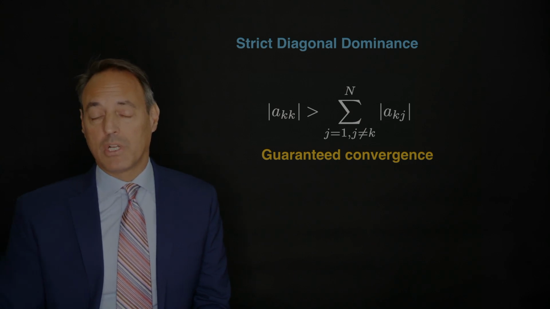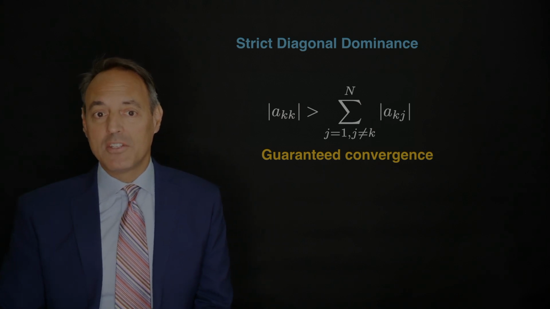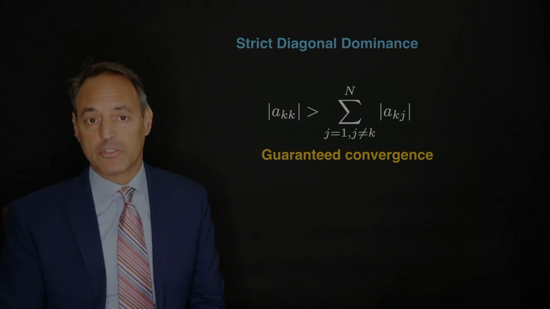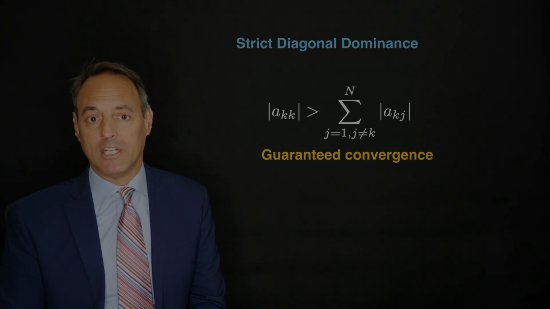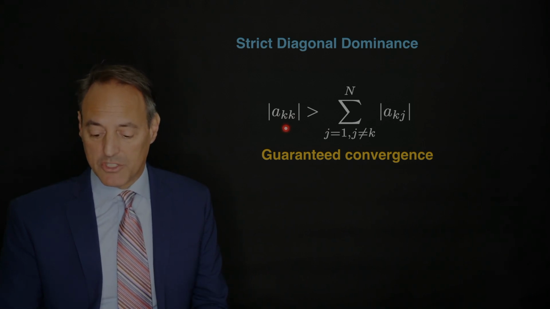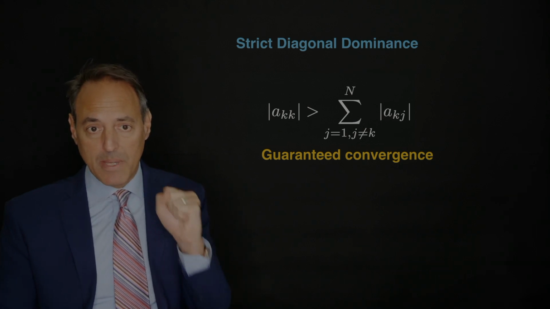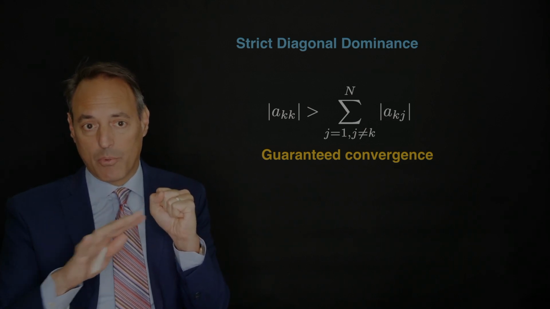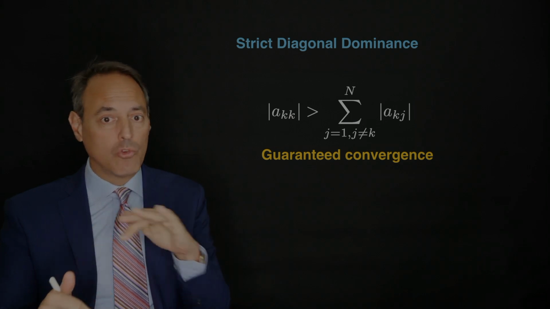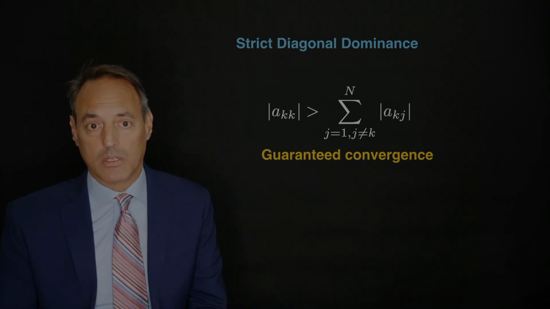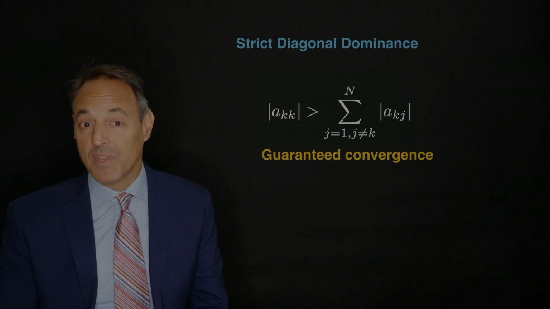And in fact, if it's strictly diagonal dominant, you're guaranteed that this will converge to the solution of Ax equal to b. So what you're really looking for is this structure to be holding. So you look at the diagonal term and you want it to be bigger than the sum of the absolute value of the rest of the terms. If that is, you know that the iteration scheme will work. It's guaranteed.